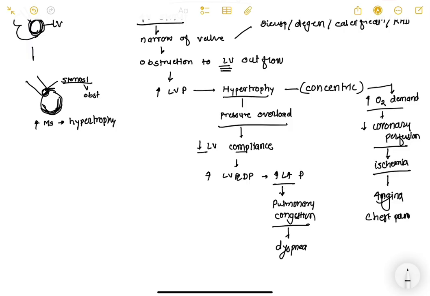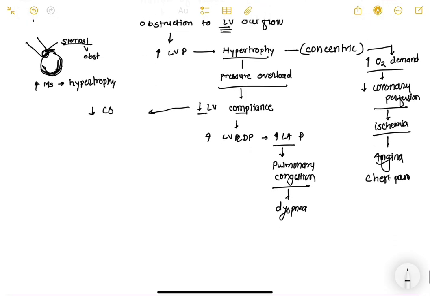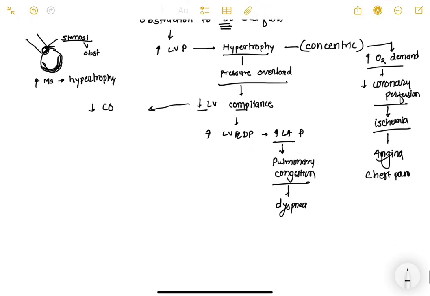Now due to hypertrophy, there is a pressure overload and LV compliance decreases. What do you mean by LV compliance decrease? It is like a decrease in cardiac output, since there is hypertrophy and a lesser amount of blood can be occupied by the left ventricle. So there is a decrease in cardiac output. What happens if there is a decrease in cardiac output?